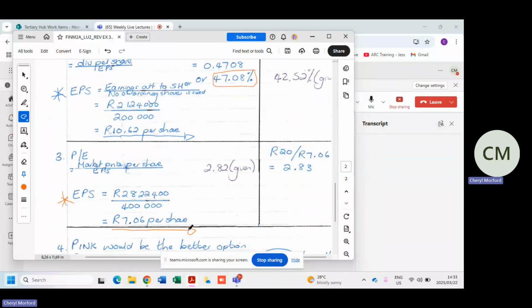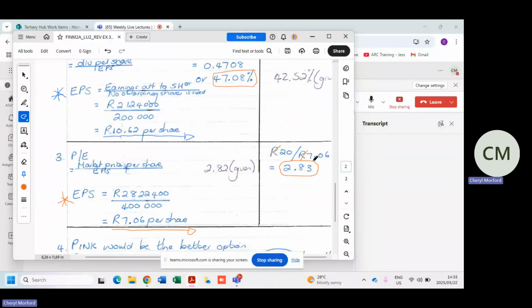Right, so now we're going to work out the PE ratio. So the share price of 20 Rand divided by 7 Rand 6. What you'll notice here is that there's a Rand at the top, a Rand at the bottom. They are going to cancel out and you just get left with a number, 2,83 in this case. So let's interpret.